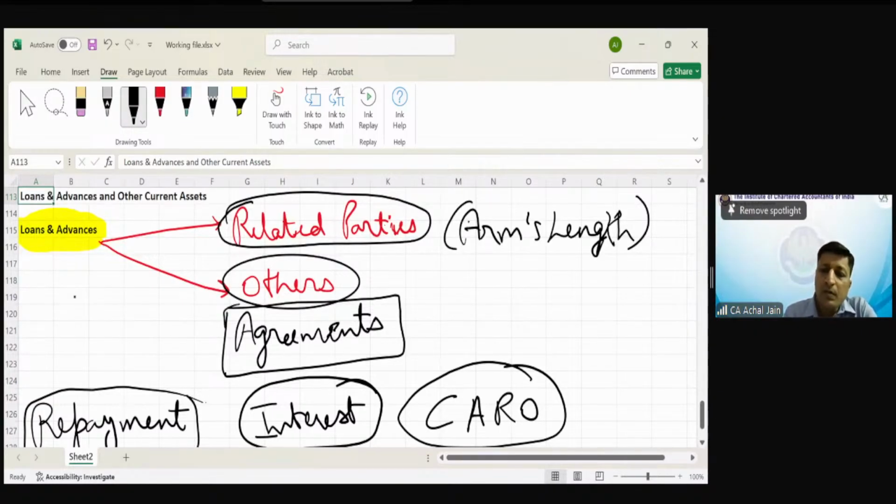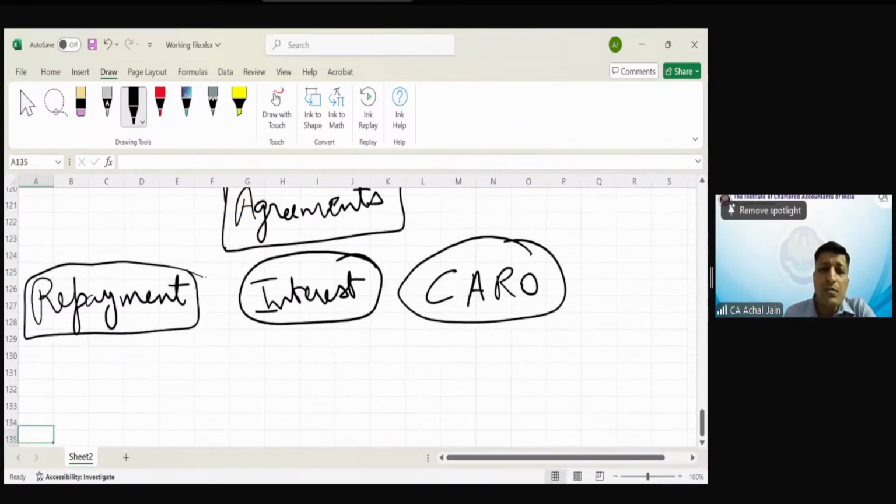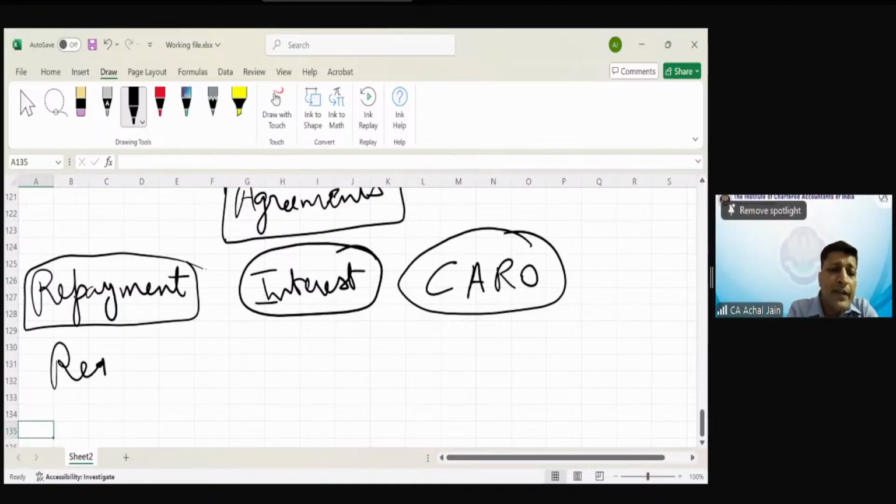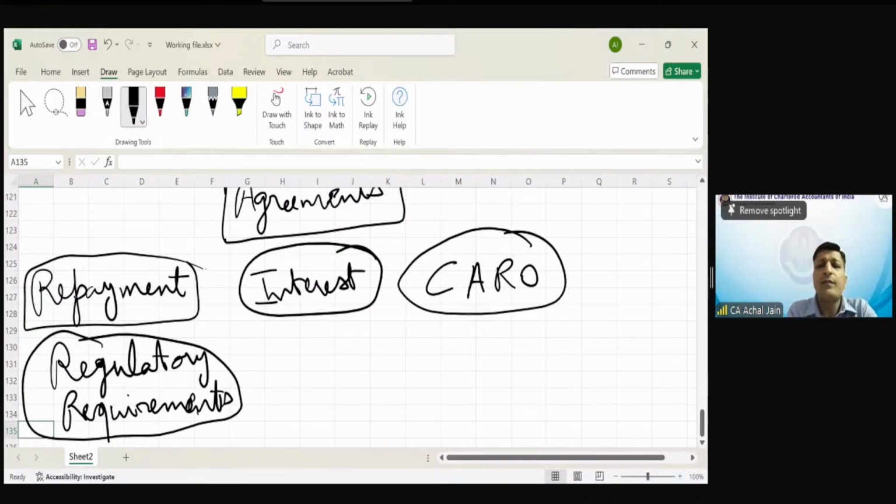So all of those requirements, so you can say regulatory requirements, need to be checked.